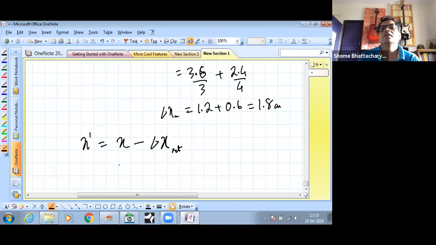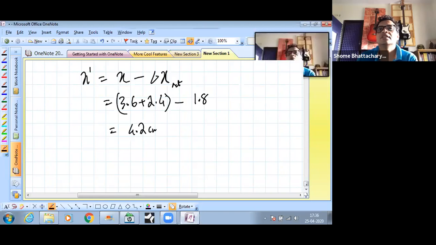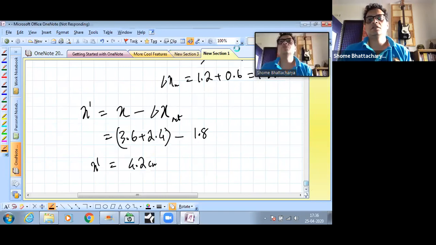The actual depth was the sum of the thicknesses, minus 1.8. So that's 6 minus 1.8, which is 4.2 centimeters. So this point object behind the two slabs, which is at an actual depth of 6 centimeters, will appear to be at a depth of only 4.2 centimeters because of the combined effect of the refraction at both the plane surfaces.